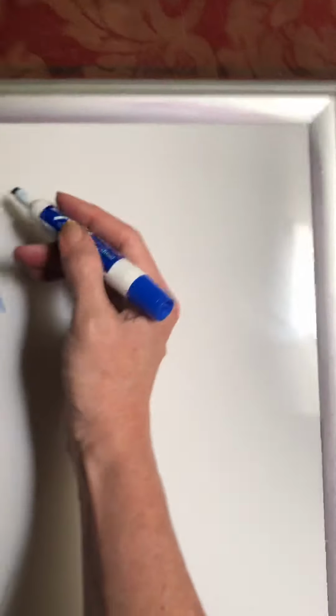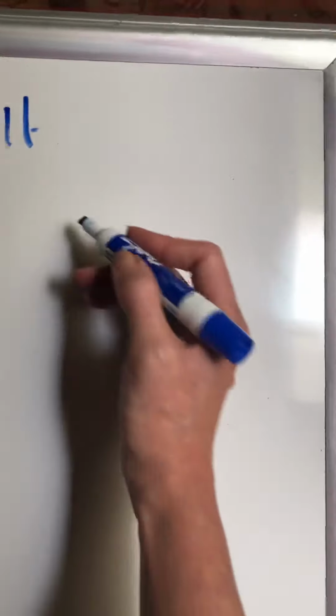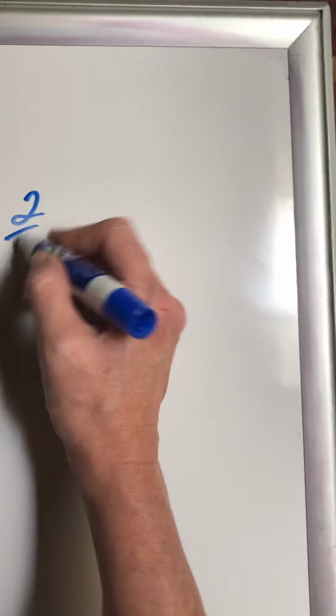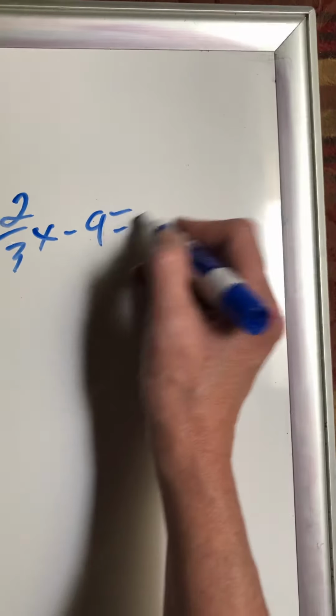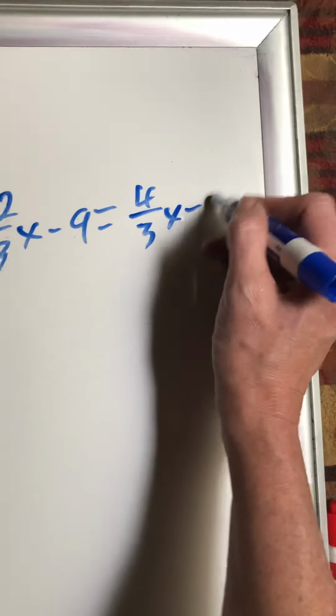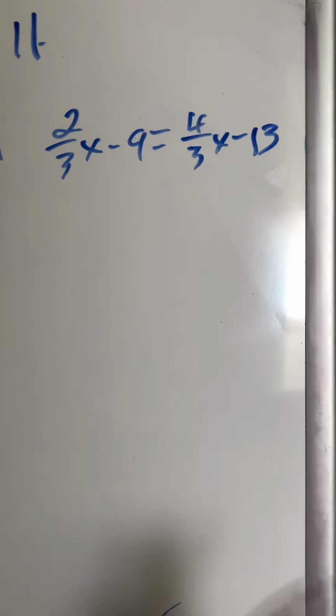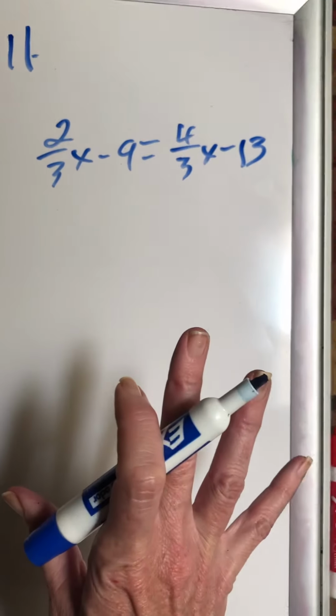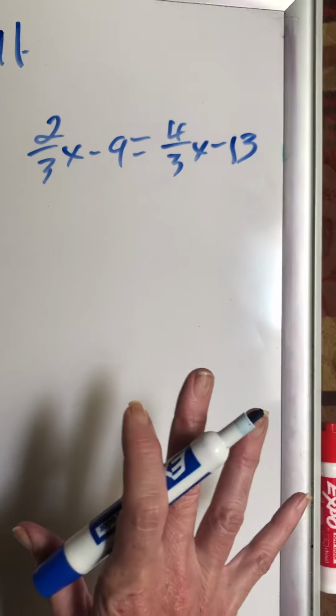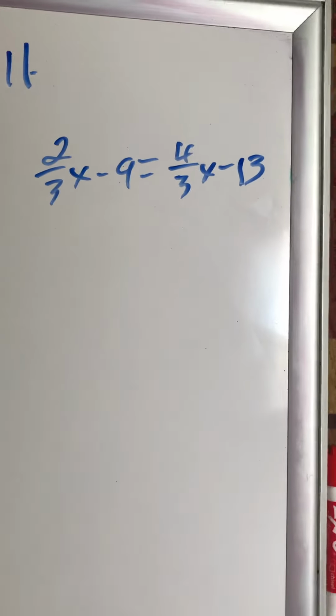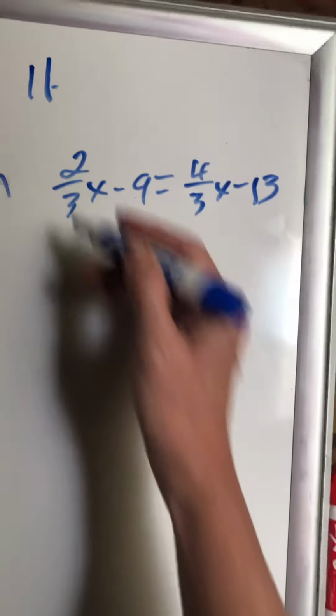Okay, so then on number 11, you've got to solve the system. So you're going to take the two and set them equal to each other. Because they both equal y, once we've set them equal, you can multiply everything by 3. If you want to, you don't have to.